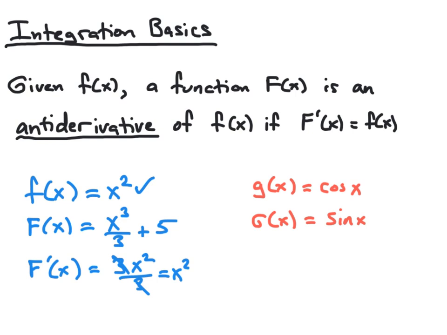But as we just saw in the first example, we could add on any constant that we wanted to this and still obtain an antiderivative for lowercase g of x equals cosine of x. The ability to recall basic antiderivatives, such as the two examples here, will be crucial as we go through our study of integration in future videos.